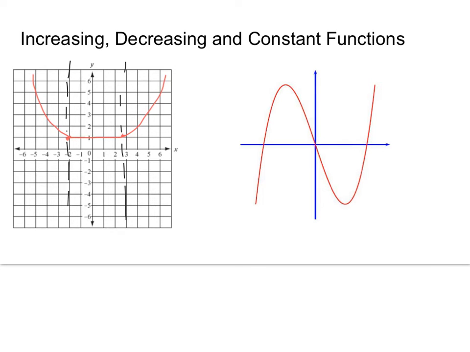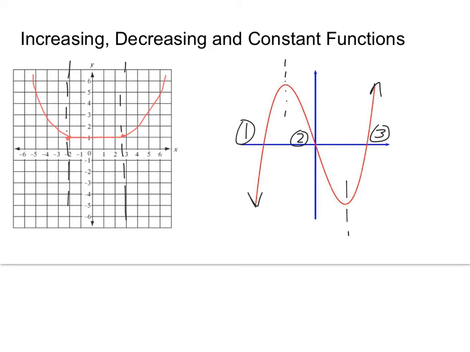So like over here, if I were on the second example, I'm going to kind of divide it into pieces, like here's piece number 1, here's piece number 2, here's piece number 3. Okay, and so the increasing, decreasing, and constant functions, yeah, this goes up into infinity over here, this goes down into infinity, so we have to look at kind of local, like what's going on in a general area.